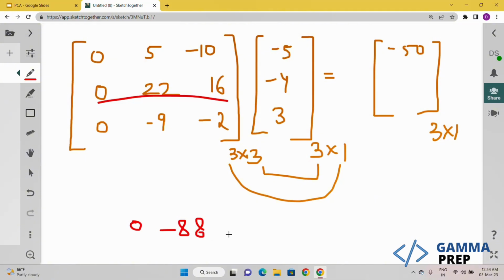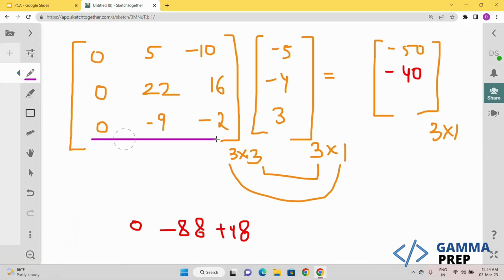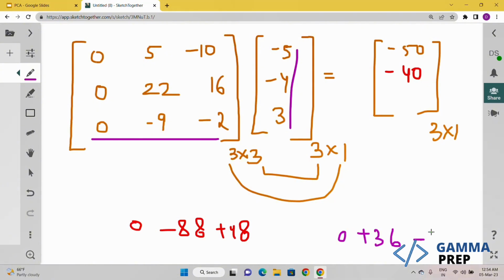And then 16 into 3 is plus 48. So it becomes minus 40. Then we have 0 into minus 5, which is 0. Minus 9 into minus 4 is 36. And minus 2 into 3 is minus 6. So it becomes 30.